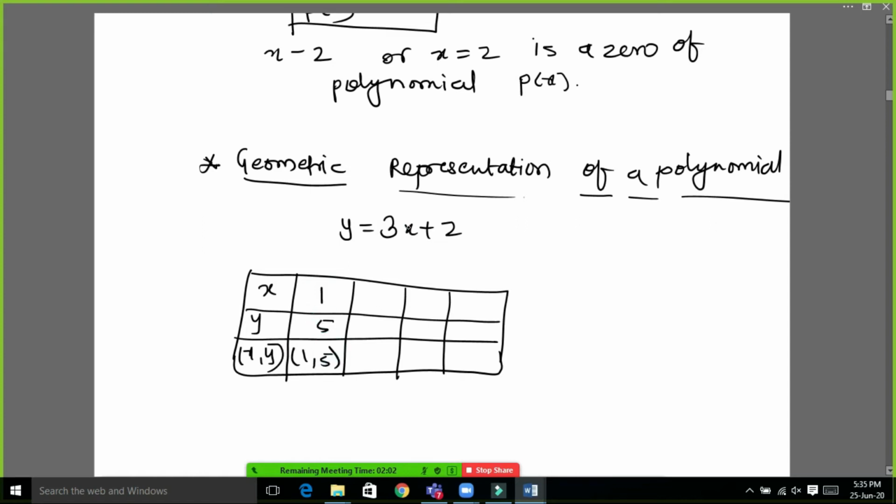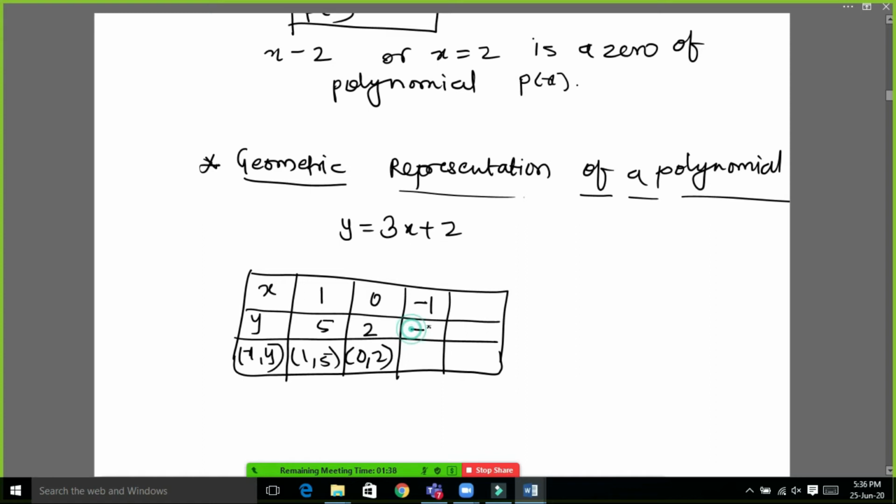Suppose for x is equal to 0, we get 3 into 0 is 0 plus 2, that is y value is 2. 0 comma 2 is another point. Suppose for x is equal to minus 1, we get 3 into minus 1 is minus 3 plus 2, again we get y value as minus 1.